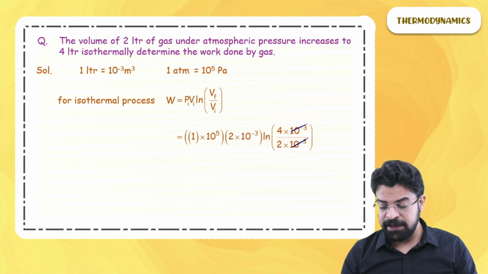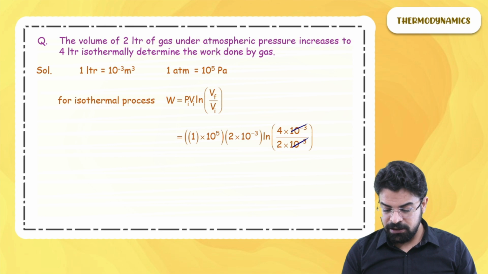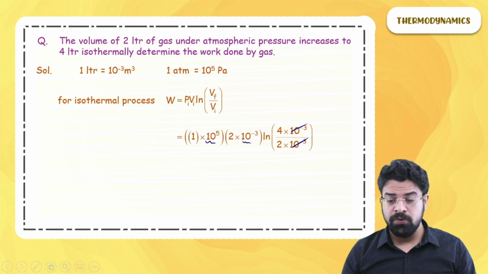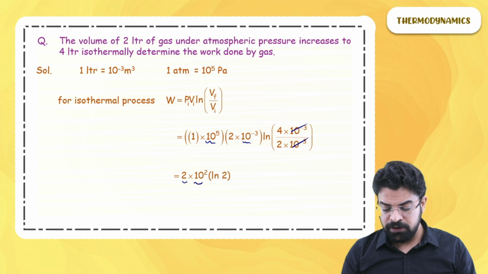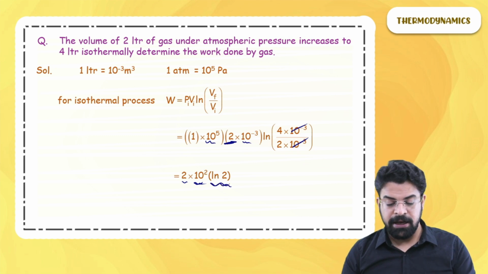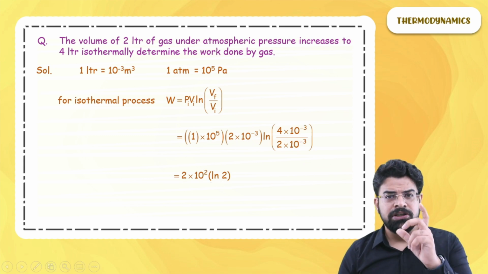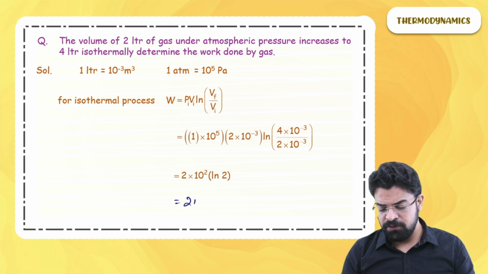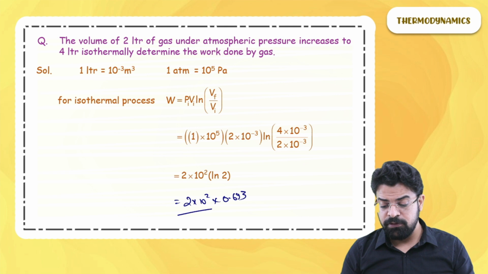So this gets cancelled. What you get is 10 raised to power of 5 into 10 raised to power of minus 3, which gives you 10 raised to power of 2. So you get 2 into 10 raised to power of 2 ln 4 by 2, which is ln 2, and ln 2 is 0.693. You can further solve 2 into 10 square into 0.693 if you wish to.